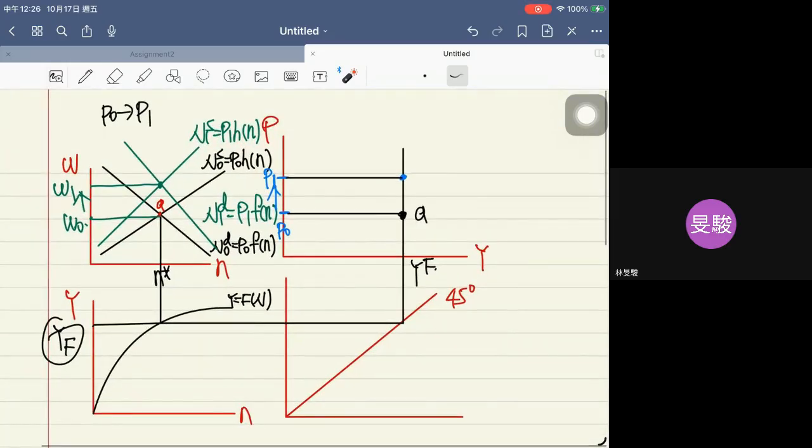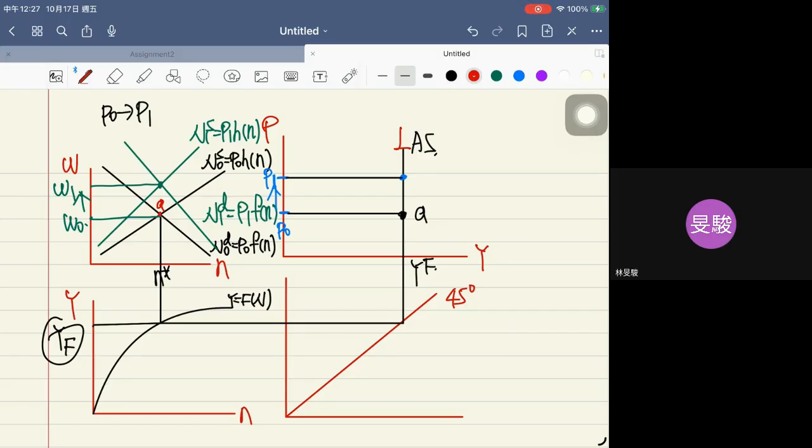And you can see that in the long run, the AS is vertical. This is why in the long run the AS is vertical. This is LAS, I need to add the long run. It is also known as the long run aggregate supply curve, or the classical aggregate supply curve.